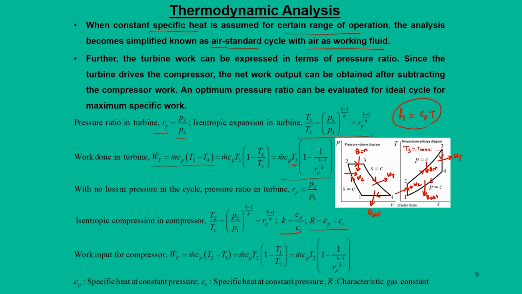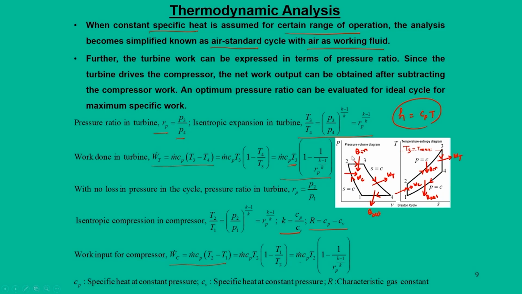If you go for a higher pressure ratio also, the power we can develop is more. In a similar way, we can also find the work that is to be given to the compressor, that is m times Cp into T2. T2 is the temperature of the gas that comes out after compression.